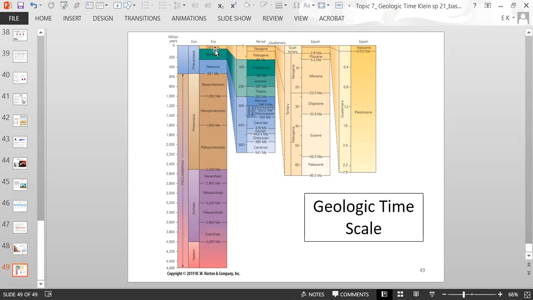And then when you come all the way up to the top, it branches out into a more detailed piece of the time scale here. And then this top part is broken out into more detailed sections. So in the next part of the lecture, we're going to go through lots of details about all of this Earth history.